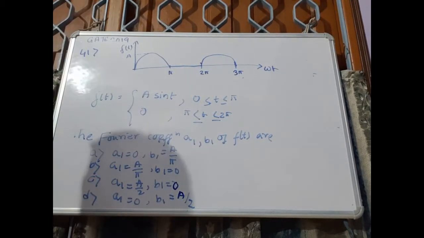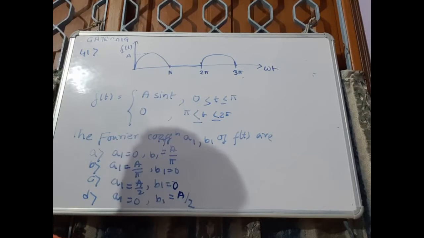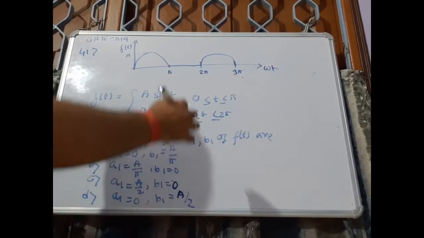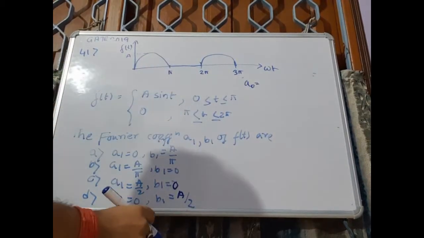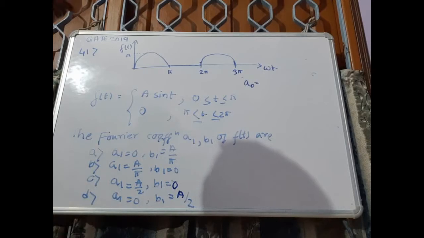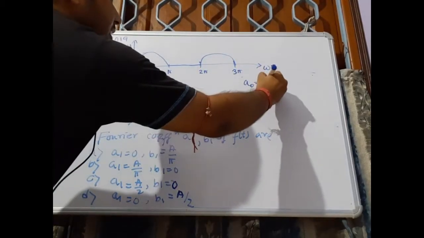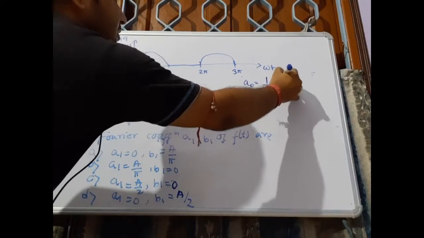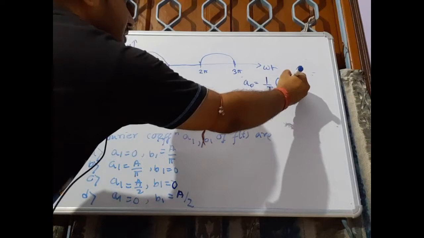Okay, now we know that the Fourier coefficient a naught is the DC term. A naught equals 1 by T integration from 0 to T of f(t) dt.